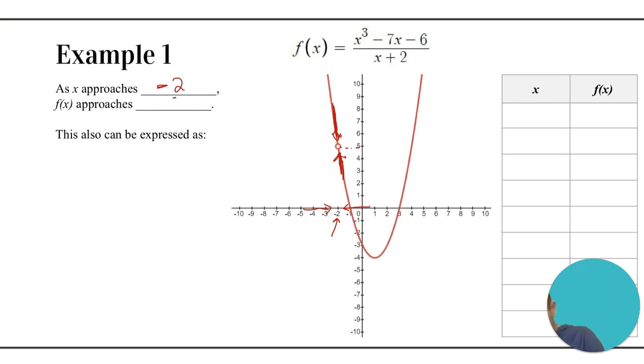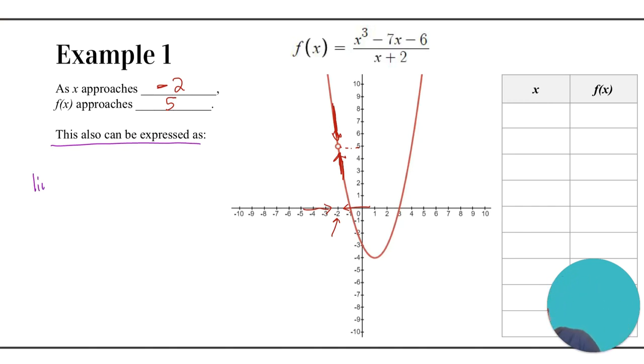So it seems like the answer to this question would be that f of x approaches 5. That turns out to actually be the case, and we're going to do some further investigation into this in just a little bit. What's really important is being able to know some notation and ways that we can write this. We can write this in a couple different ways.